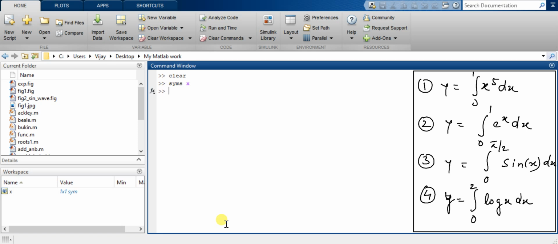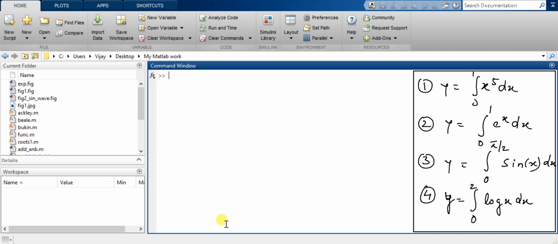Now we have to integrate, y equal to, simply x to the power 5, or let's take first function a equal to x to the power 5.